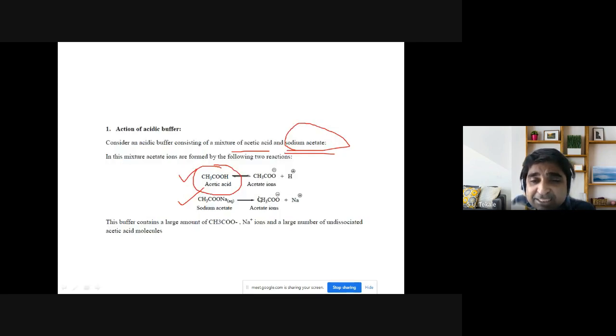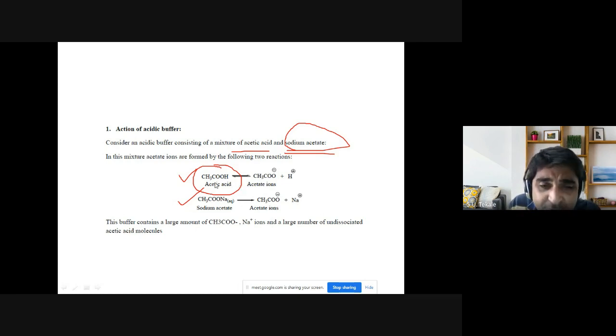These H plus ions will react with the large amount of acetate ions which are present in the solution. So even though we add quite a large excess of this acid, the H plus ions from the added solution will combine with these acetate ions and produce acetic acid.